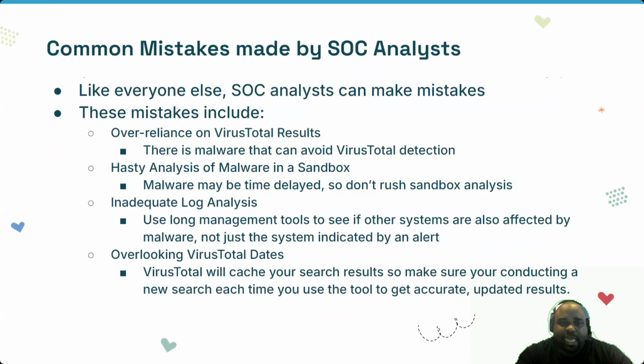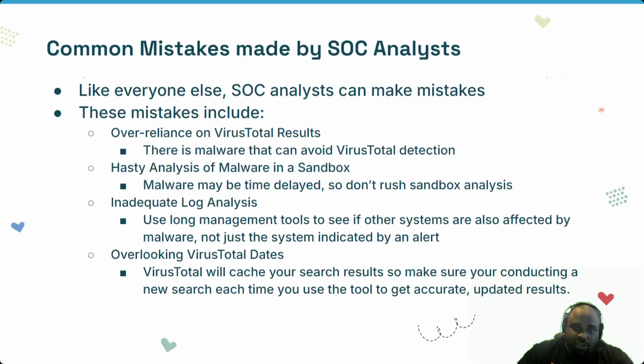Another mistake, inadequate log analysis. Let's say you detect a potential incident affecting a specific device or IP address or system, and that becomes the end of your investigation. Oh, it happened to this one computer. But what if the same malware, the same attack, is happening to other things in your environment?